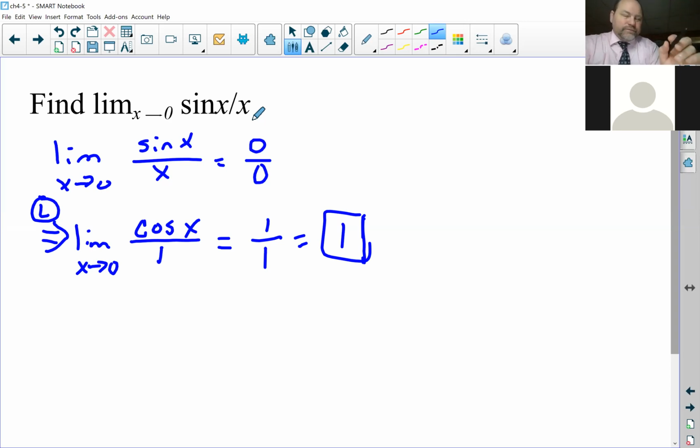Okay. Now, a couple of things. This is the limit, so it's not the function value itself. This function is undefined at 0, but the limit exists, and that's what we're finding.